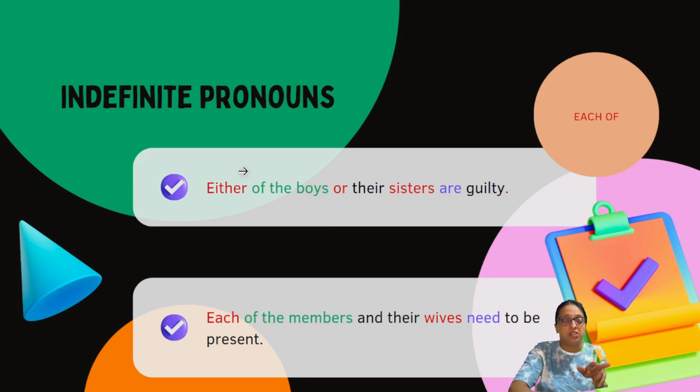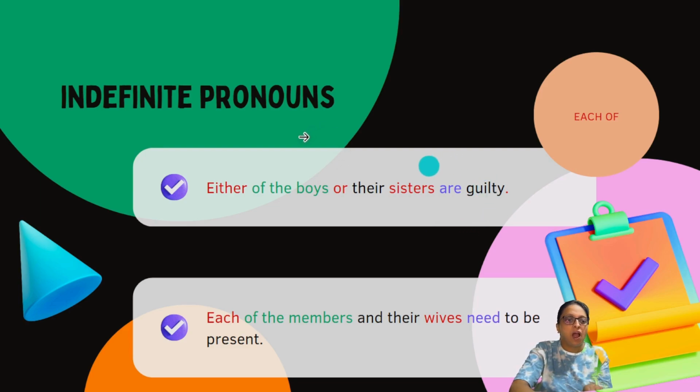Either of the boys means there are two boys, out of that one. And after that, mark this, we are using a conjunction or here. And after that, we are adding another noun, which is a plural noun. We are also saying one of the boys or their sisters. Now, sisters is plural. Both the boys may be having 2, 3 sisters. So we want to mean one of the boys or their sisters are guilty.